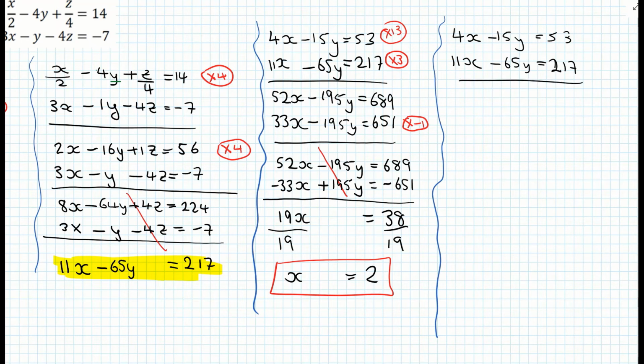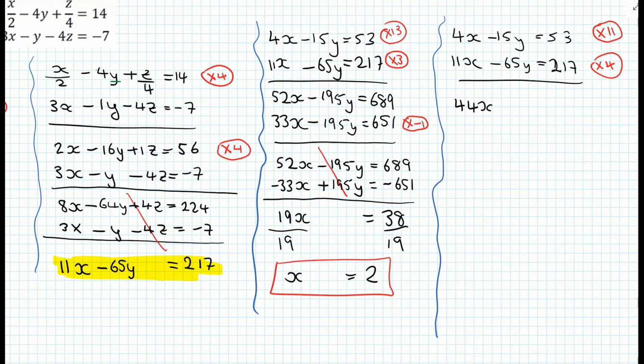Here we're looking for what 4 and 11 will divide into. Well, I'm going to 44. So I need to multiply the top line. How many times does 4 divide into 44? It divides in 11 times. So I'm multiplying the top line by 11. And on the bottom, to get 44 out of 11, I'm multiplying it by 4. So multiplying that top line by 11, 4 11s, 44 as we said.